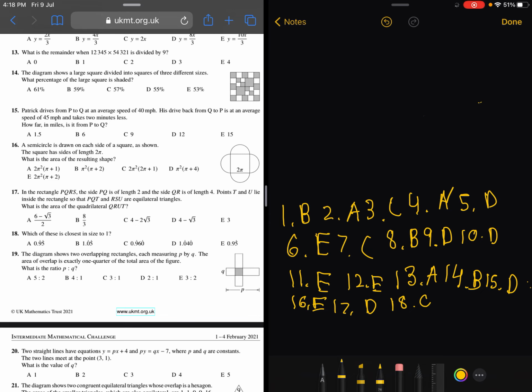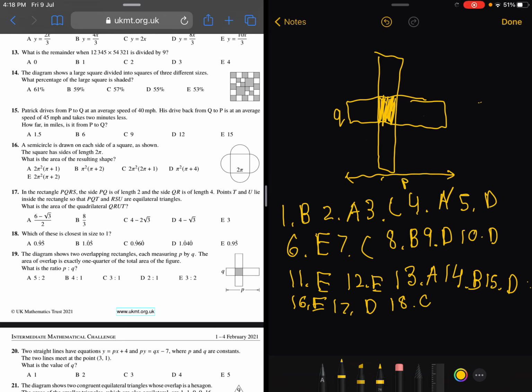Not too difficult. Come on, guys, we're near the end now. Alright, so this is the shaded area. This is Q, and the entire thing is P. The overlapped area is 1/4 of the entire figure's area.